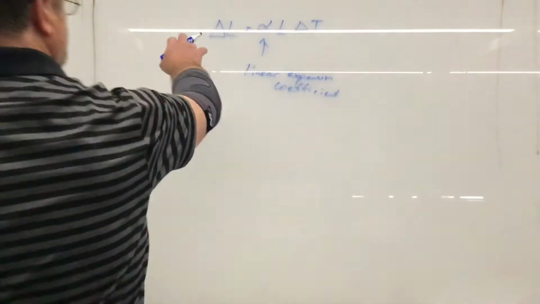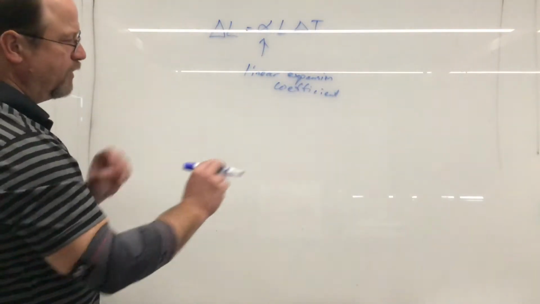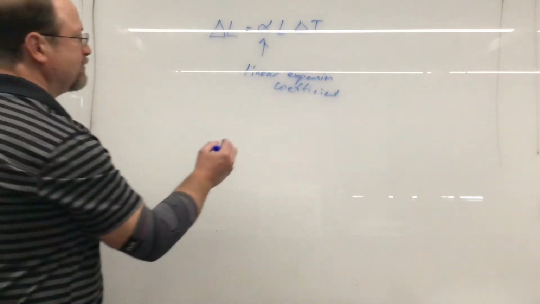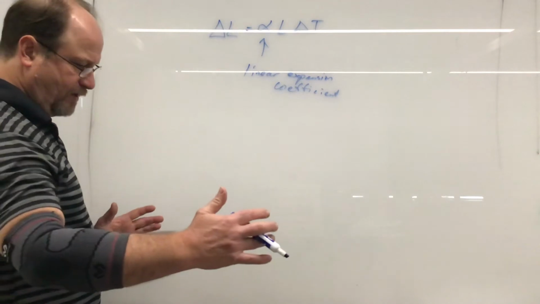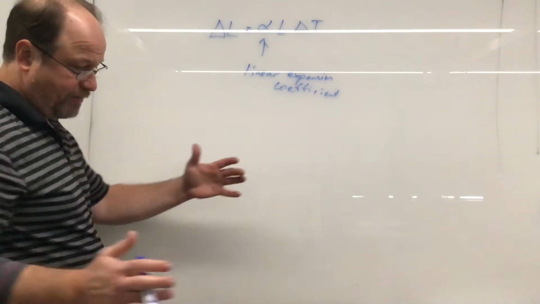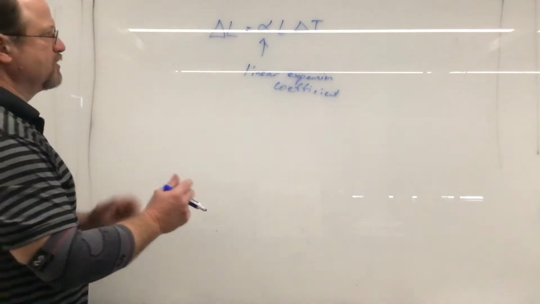All right, and usually we talk about linear coefficients of expansion. This is really one-dimensional. This is talking about something that's long and skinny, where you can ignore the other dimensions. But if we talk about something that's more or less like a sidewalk, maybe 3 feet by 3 feet in size, then there's an area expansion going on.